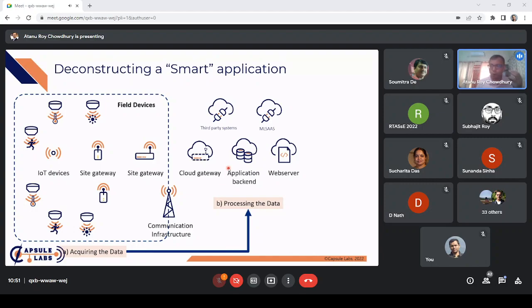Or you might be more interested in splitting the incoming data into multiple streams and running algorithms or filters on them in parallel, and that is where a system like Kafka might come in. So there are multiple choices for building your application backend.